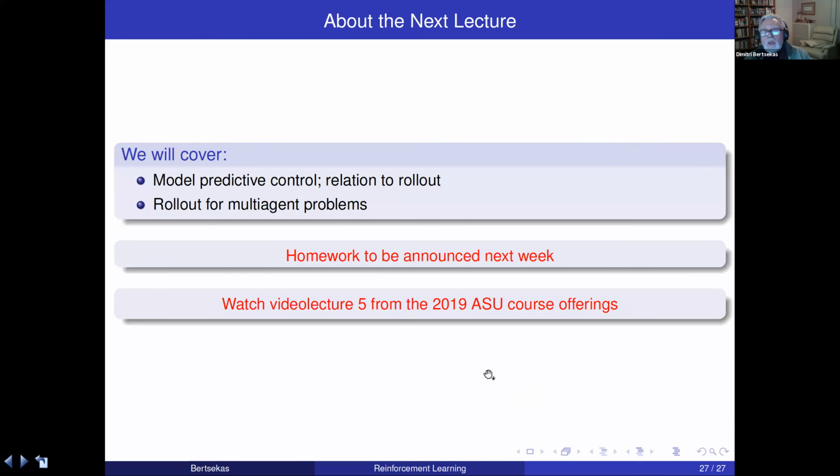Okay, the name model predictive control does not relate to the existence of a model. I'm not even sure what model predictive control relates to, just a name. We are going to assume a model, okay, that the model is known, if that was your question. But this has nothing to do with the name model predictive control.